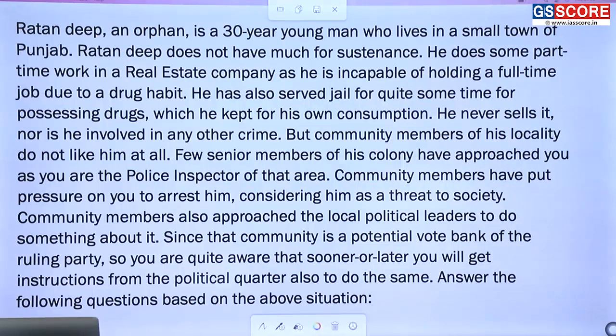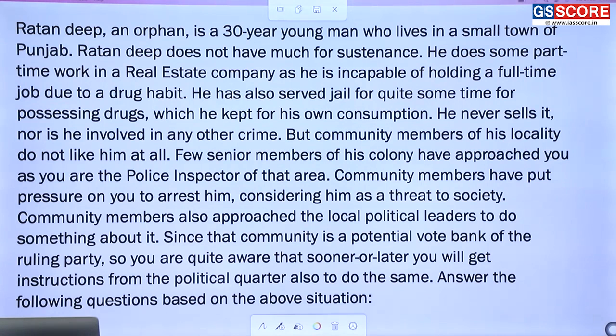So the case goes like this. Ratandeep, an orphan, is a 30-year-old young man who lives in a small town of Punjab. Ratandeep does not have much for sustenance. He does some part-time work in a real estate company, as he is incapable of holding a full-time job due to a drug habit. He has also served jail time for possessing drugs which he kept for his own consumption.